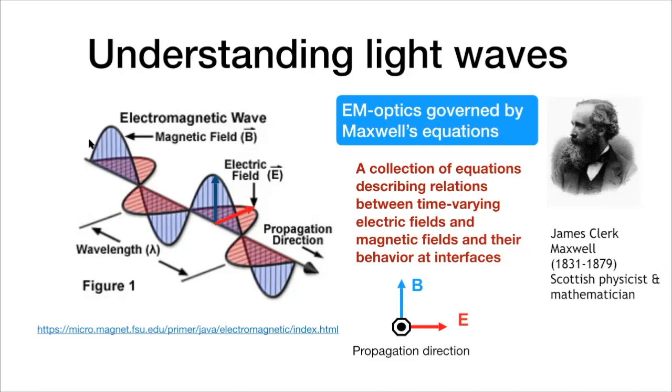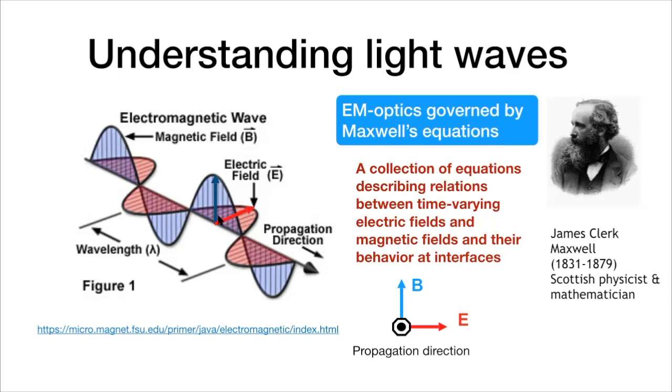It's a harmonic function. Let's imagine it as a harmonic function propagating over time towards the propagation direction. It maintains a special relation between the electric field vector and the magnetic field vector.